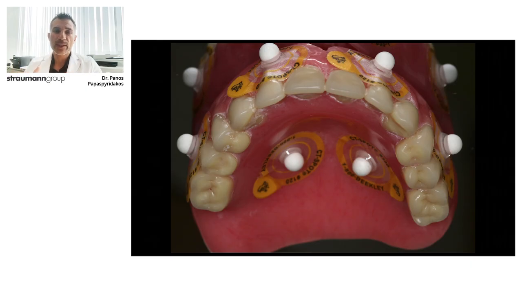The first CBCT scan is with the radiographic template placed in the mouth with fiducial markers, and in this case we can put gutta-percha points or self-adhesive stickers with radiopaque fiducial markers, as you see here in the photo. And the patient undergoes the first CBCT scan. After the first scan, the prosthesis is removed and is being scanned again, just by itself, as a second scan.